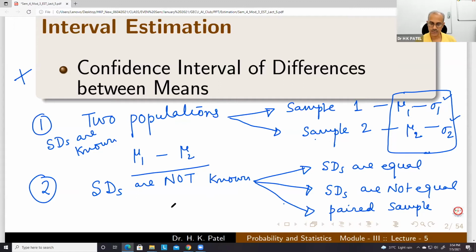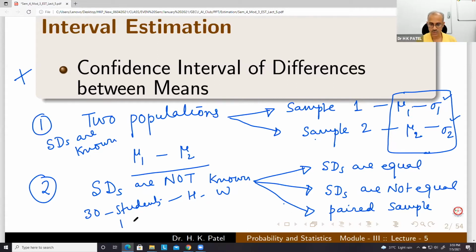For example, if I have say 30 students, and I take two parameters, say height and weight of each of them, I can get a paired sample.